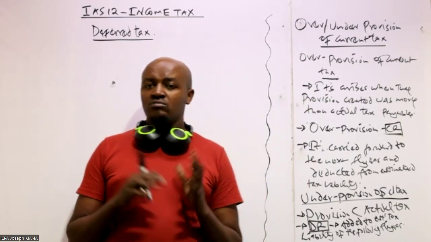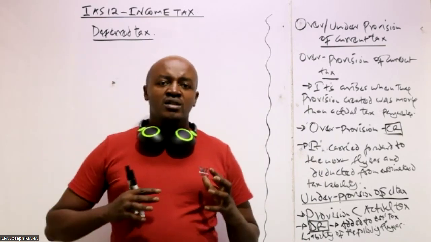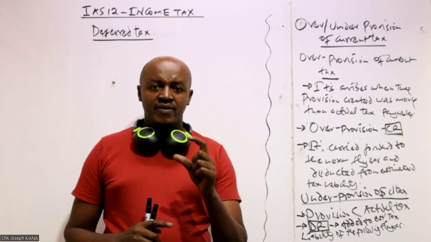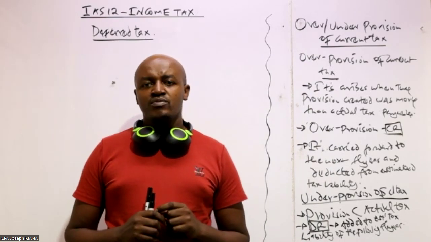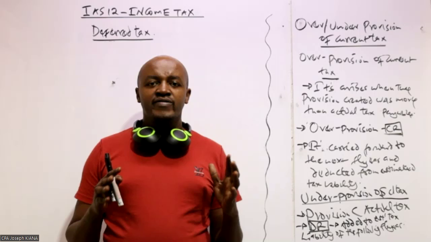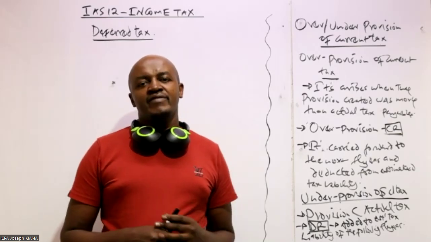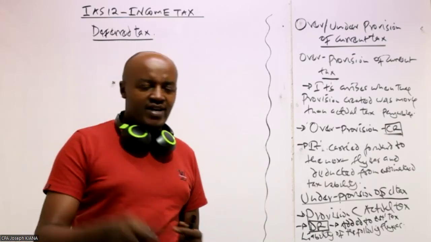In the future. Now, deferred tax arises as a result of the difference between the accounting profit and taxable profit. Anytime these two profits are different, accounting profit and taxable profit, automatically that gives rise to something called the deferred tax.